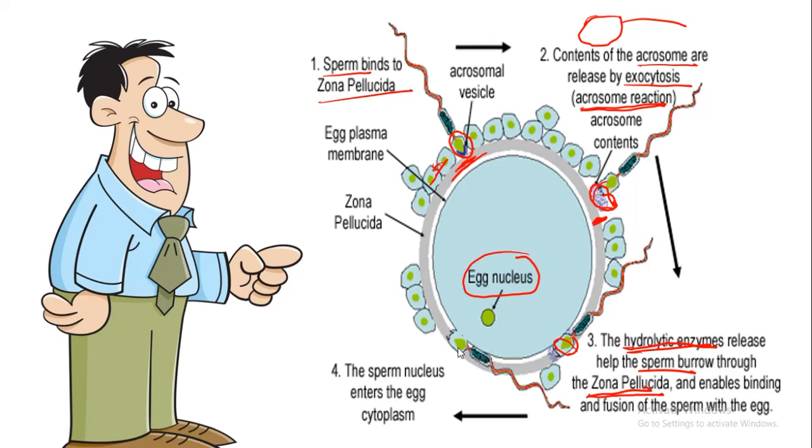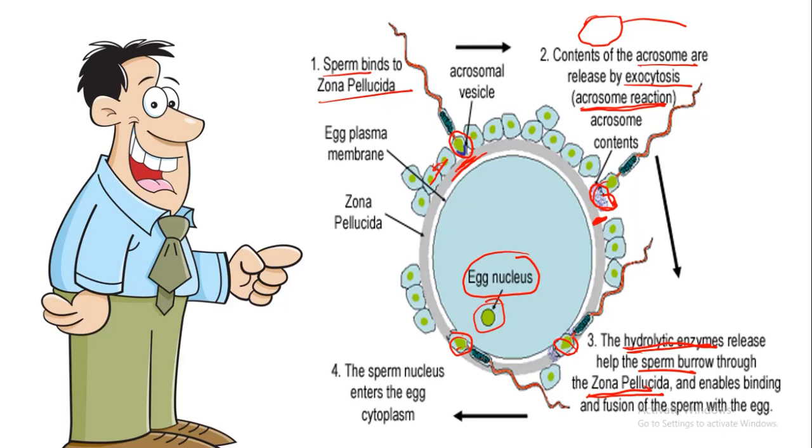So after all these stages, the nucleus of the sperm and that of the egg are going to fuse together to form the what? The zygote.